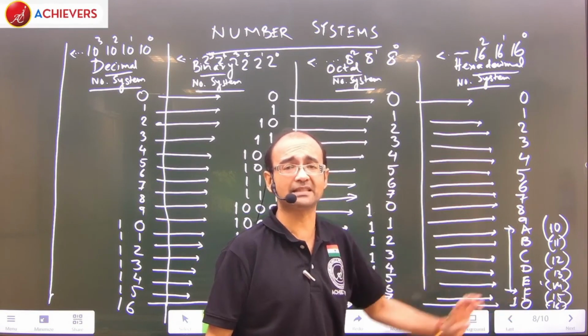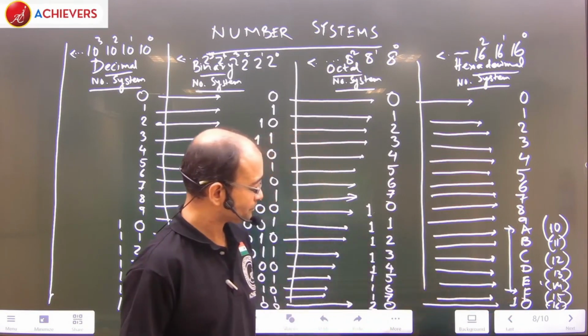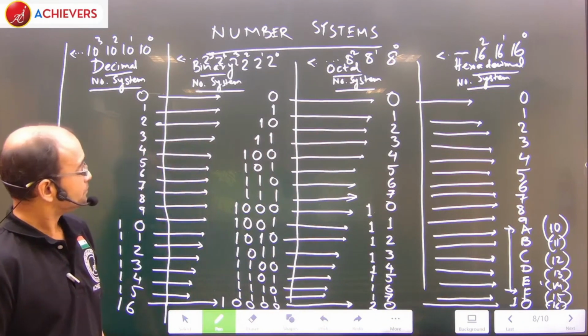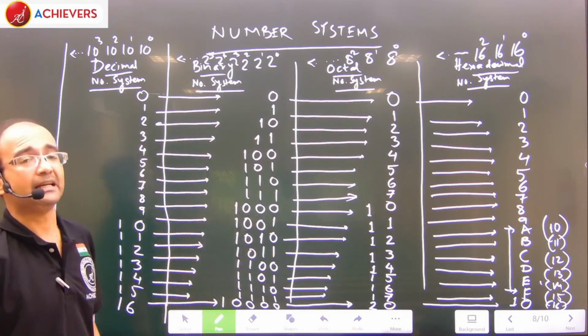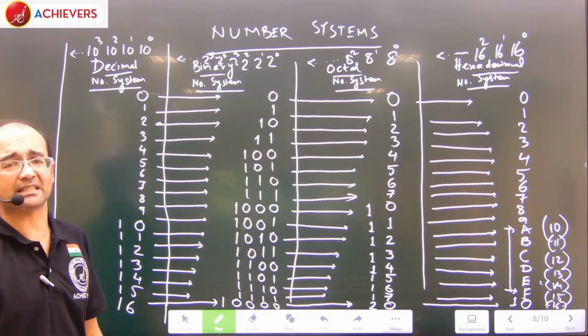So 16 plus 0 is 16. So this is the whole thing based on a number system.